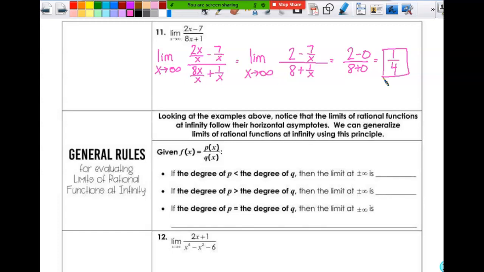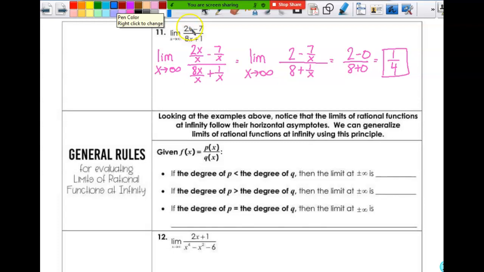So let's take what we know about rationals. We graphed rationals. We did all kinds of things with rationals. And one of the things that most of our rationals had were horizontal asymptotes, right, of some sort. And so let's think about what that means. If I was going to look at number 11 and say, all right, well, remember how we talked about top heavy, bottom heavy, tied in degree?